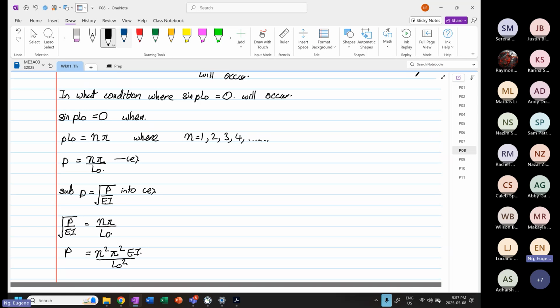Before I end for today, remember, in centric buckling, P critical is equal to pi squared EI over L0 squared. So we are almost there.